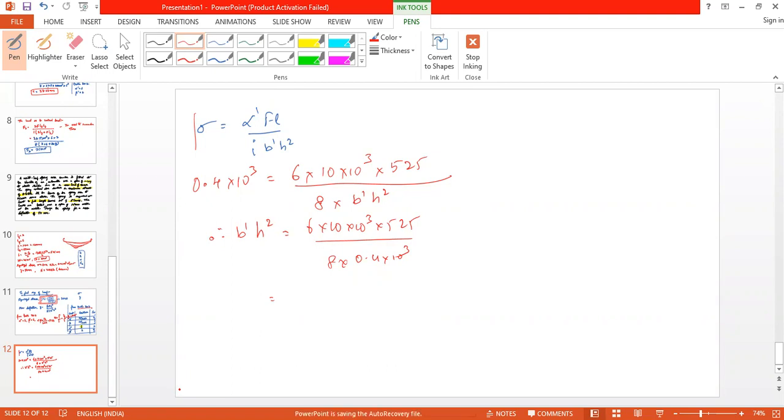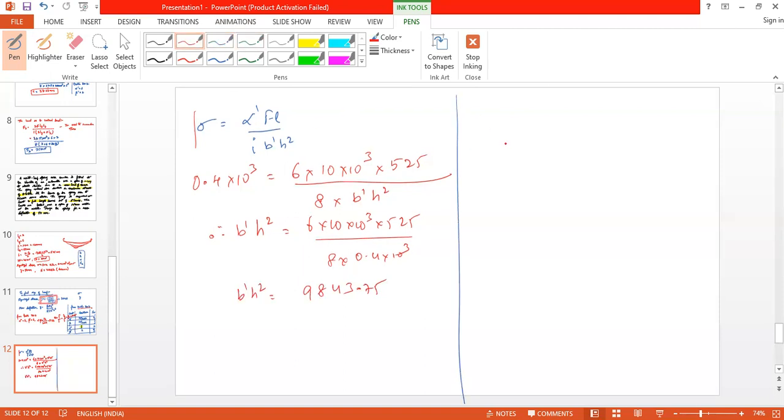9843.75. Okay. And similarly, from the equation of deflection, the deflection equation is y equals beta FL cube by E I b dash h cube.